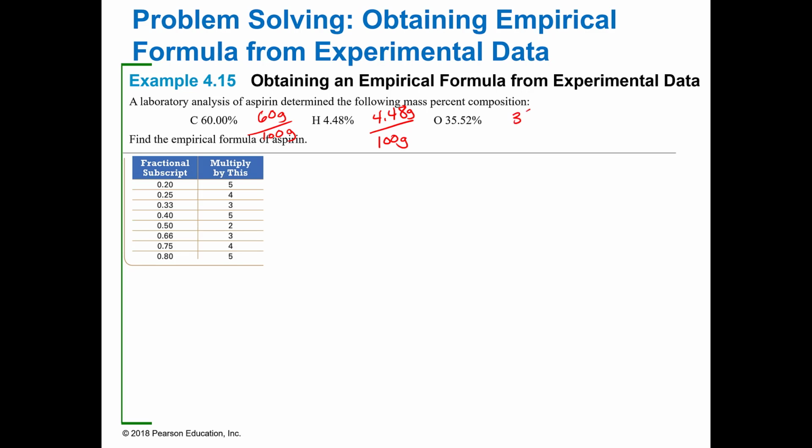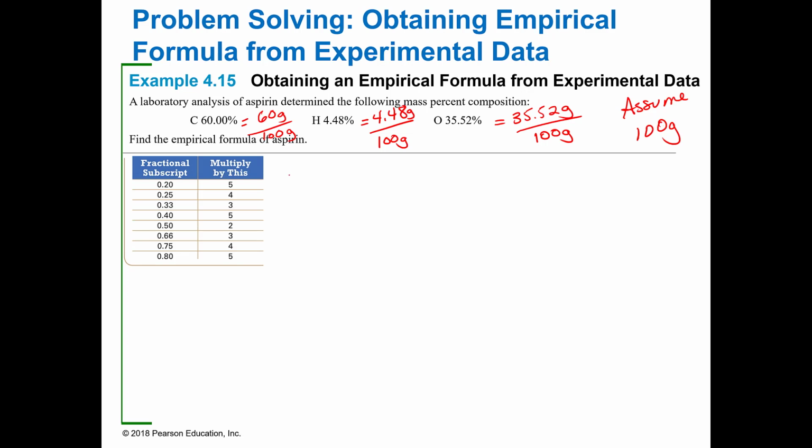And then 35.52 grams out of 100 grams. All right? Because that's what percent means. I can even just put a little equal sign there. So by doing that, I don't have to worry about writing anything else because I assume I have a 100-gram sample, then that's how many grams of each thing I have.